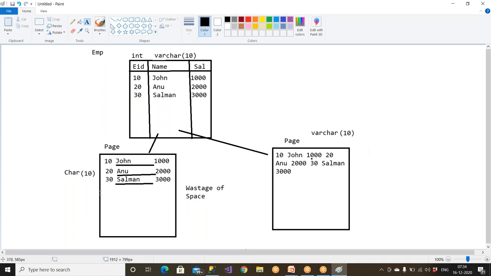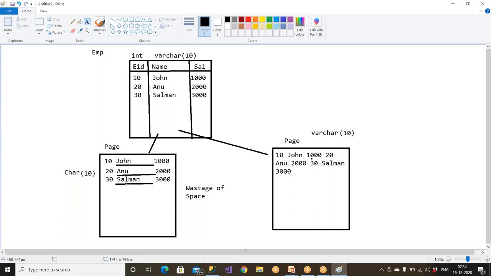But character is similar to a parcel meal or takeaway meal. In the takeaway meal, they'll give you a fixed length of food. If you consume it completely, there is no wastage. If you only consume one third of that, then the remaining 70% will go waste. That is what is going on here.